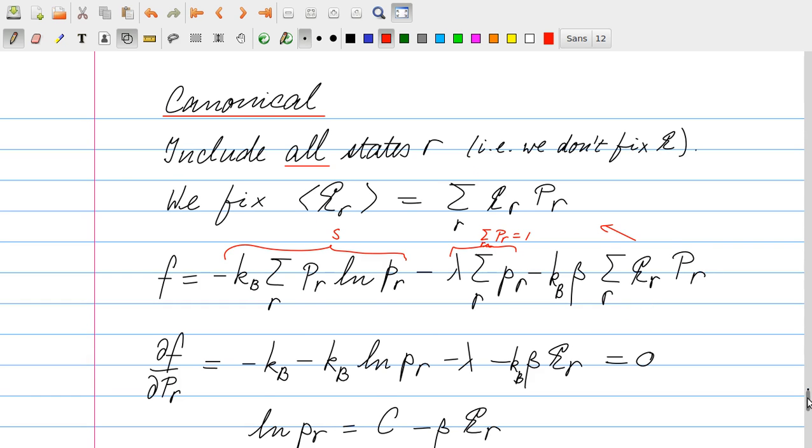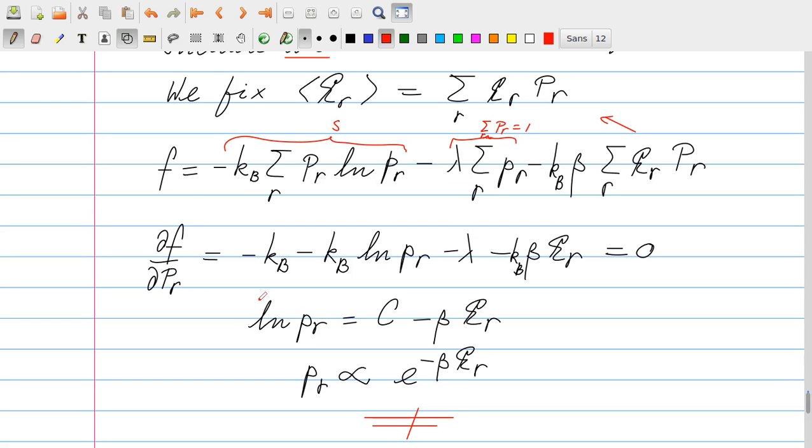And if I take now the maximum, take the derivative of f with respect to all the PRs, I get this expression. And the difference with what we had before for the microcanonical ensemble is that in this case the PR is no longer independent of R, but it depends on the value of E in that state R. And so what we see is that ln PR is all terms which form together a constant, minus beta times ER.